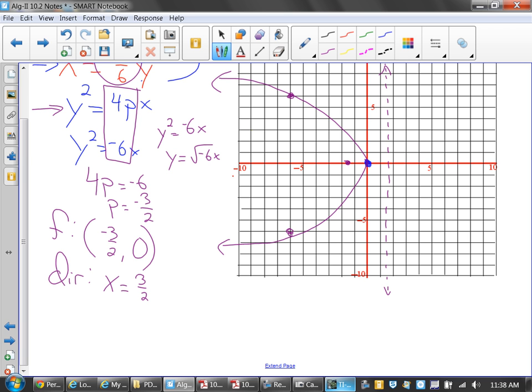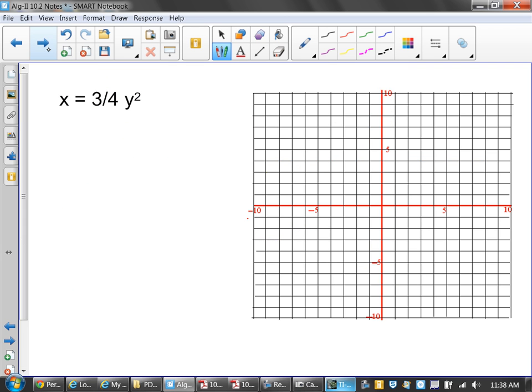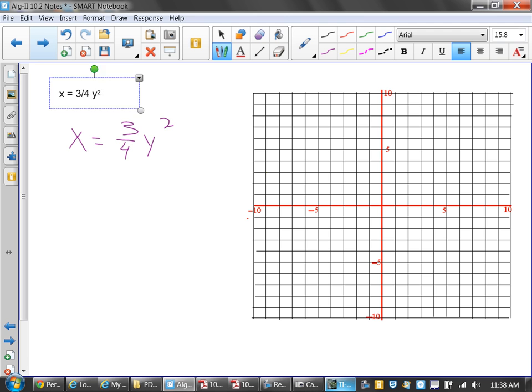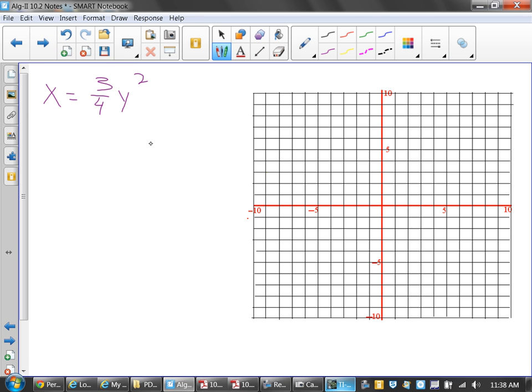So, yeah. Let's try another one, okay? So this is x equals 3/4 y squared. All right.